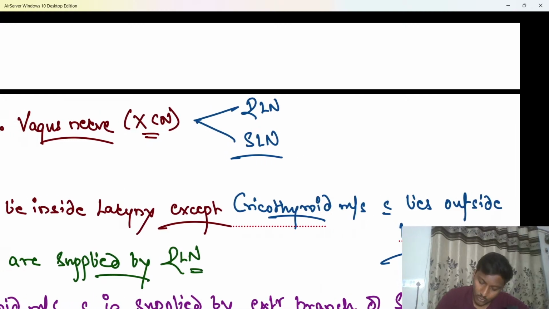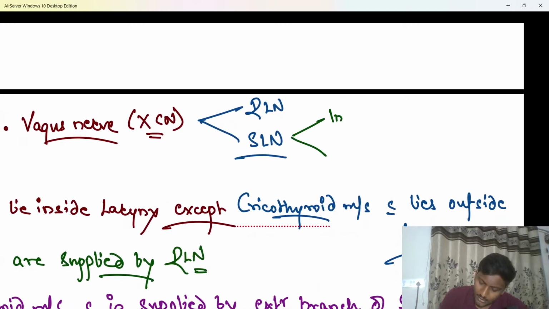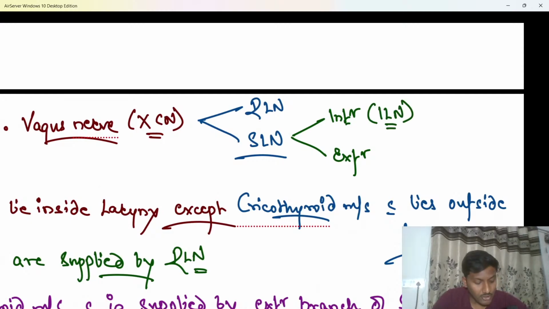Superior laryngeal nerve will have two branches, children. One is the internal branch of superior laryngeal nerve. Second is the external branch of the superior laryngeal nerve. This internal branch is also called ILN, that is internal laryngeal nerve, and the external branch is also called ELN, that is external laryngeal nerve. Have you understood this? Is this clear? This is the nerve supply.